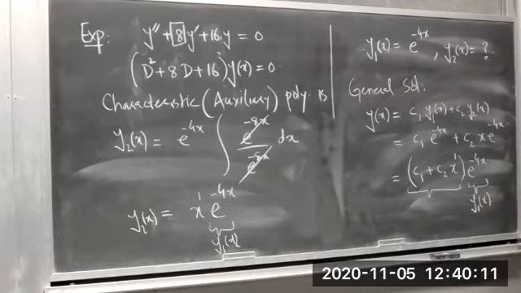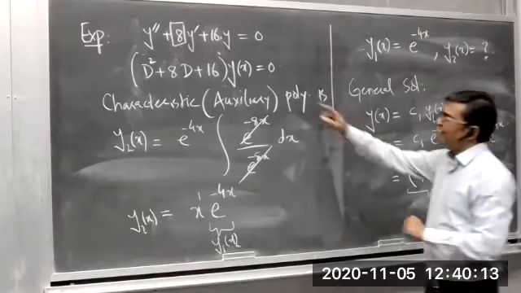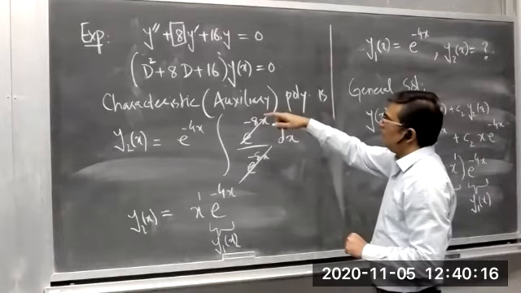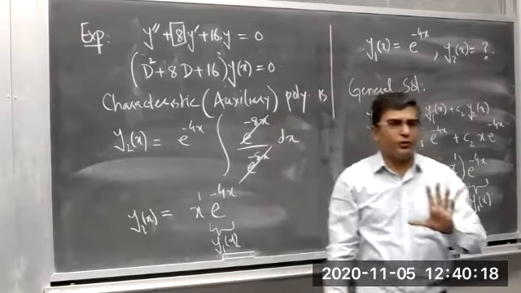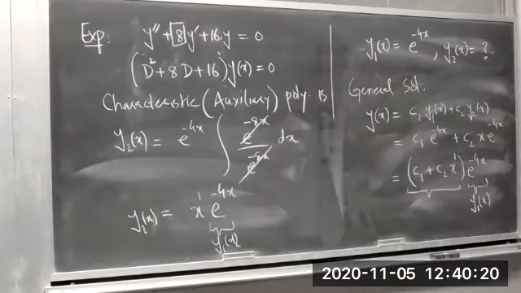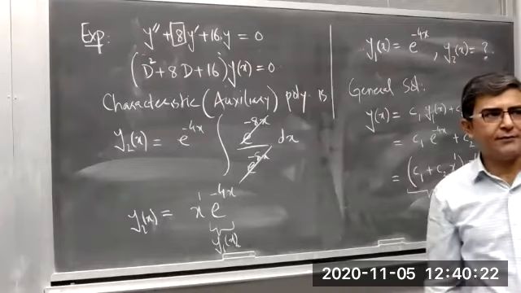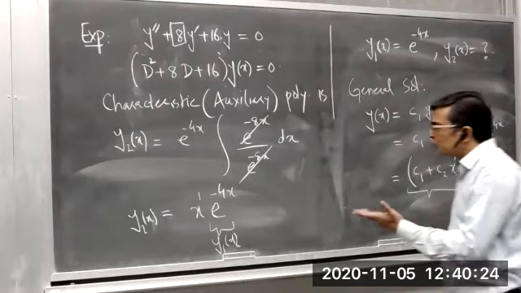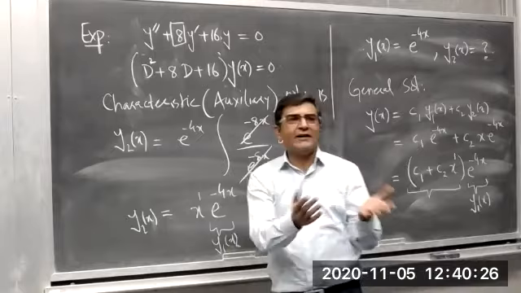Okay. You know that the roots in this case were minus 4, minus 4. The roots were repeated twice. Okay, there were two roots, meaning both are identical.